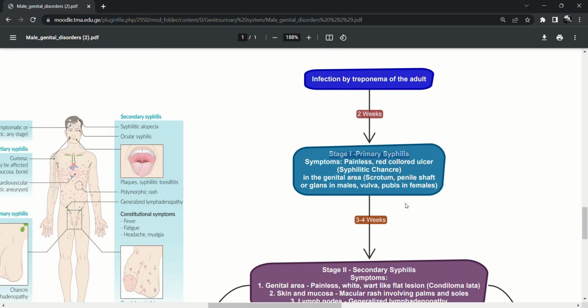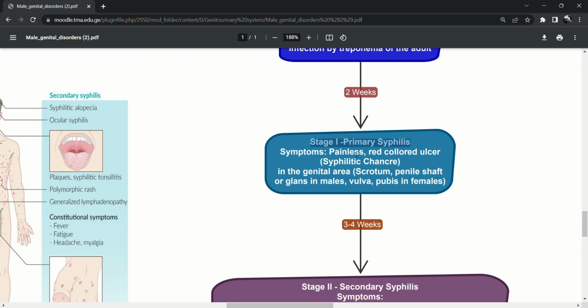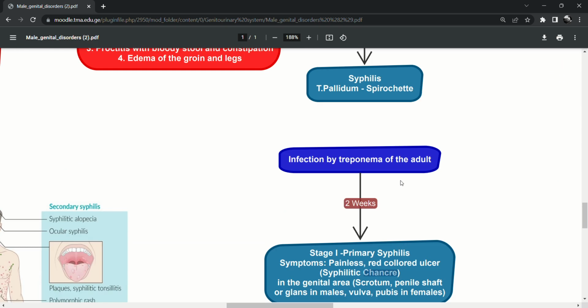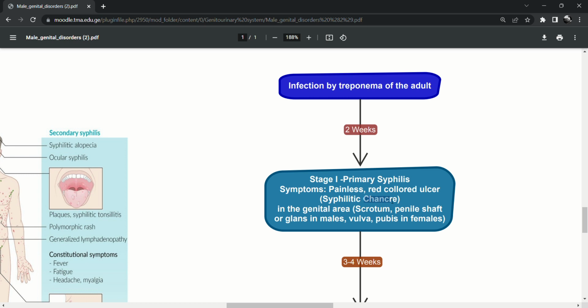So this stage is characterized by a painless lead-colored ulcer, known as syphilitic chancre, also known as hard chancre, because there's also another chancre caused by another genitourinary tract infection, called soft chancre, the one caused by Haemophilus ducreyi or something like this.